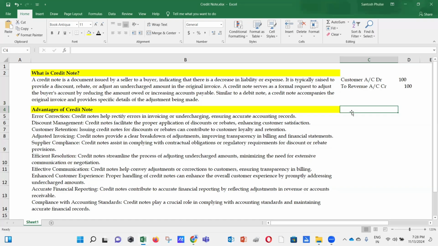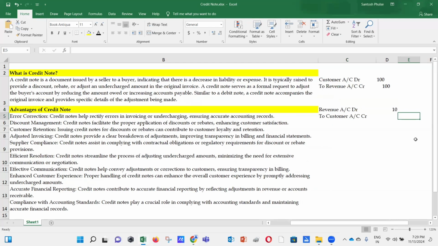Credit note means we are giving a credit to that customer. Instead of 100 rupees, 10 rupees is the differential amount. So we are going to raise the credit note on that customer. The entry for that is that we are going to reduce the revenue: the revenue account is debit for 10 rupees and the respective customer account is credit for 10 rupees.